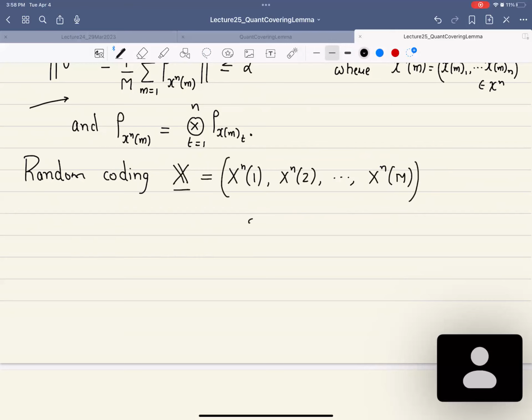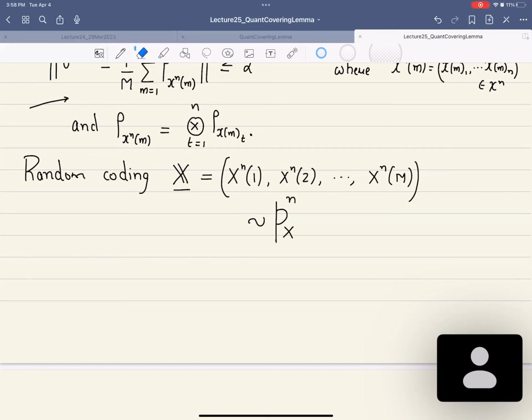These are all picked independently, mutually independent, well, actually pairwise independently, identically distributed according to the distribution P_{X^n}. You can do either mutually independently or pairwise independently, it doesn't matter. You can just take mutually independently for simplicity.